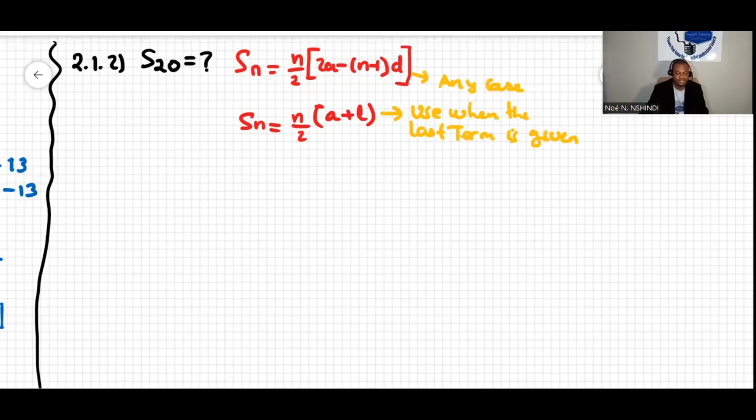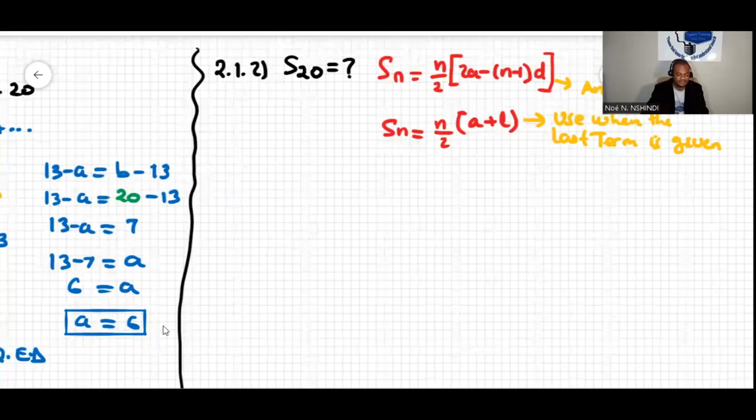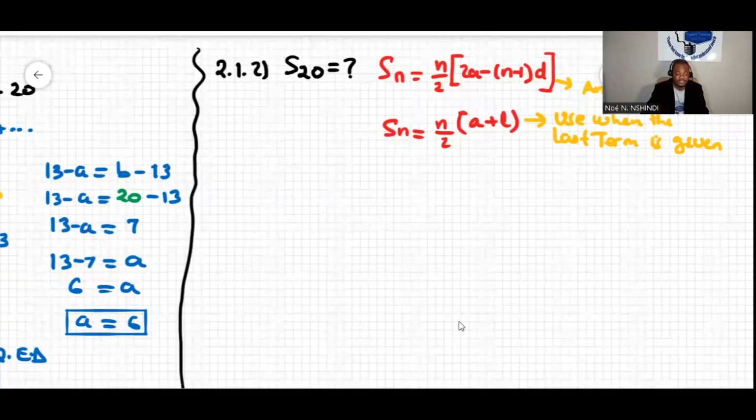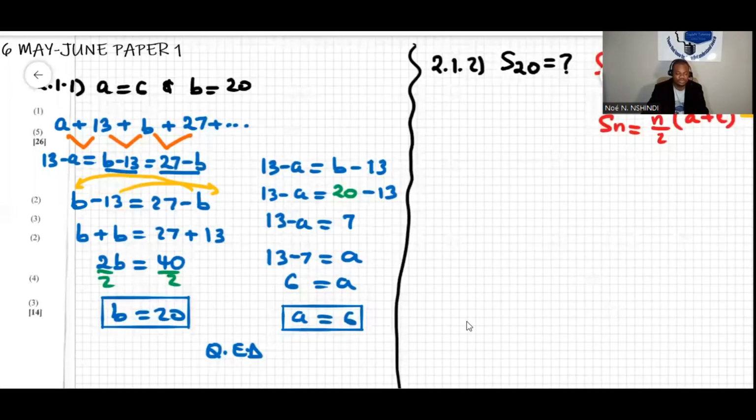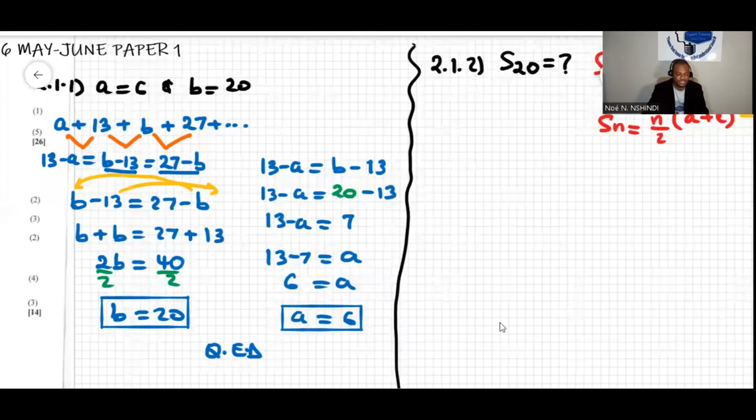Now, because the last term is not given, we're going to use the first formula. We did find A in the previous question, we found that A was equal to 6. And then if A is equal to 6, we can also determine the constant difference, which is 13 minus 6, equal to 7.